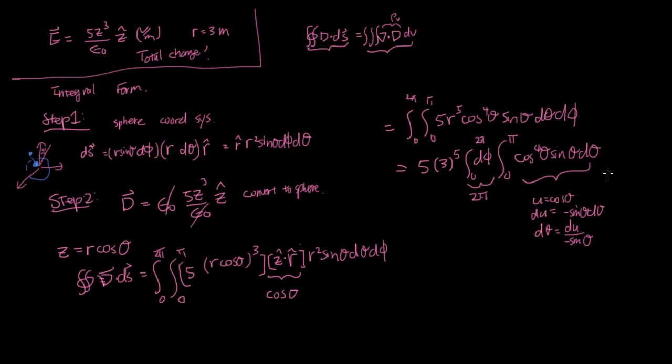And we're going from theta equals 0 to theta equals pi, so when theta equals 0, u is going to be equal to, plug 0 in here, u is equal to 1. When theta equals pi, u is going to be equal to, plug pi in there, minus 1. Let's plug all this in and clean it up. So we're going to have 2 pi times 5 times 3 to the fifth.